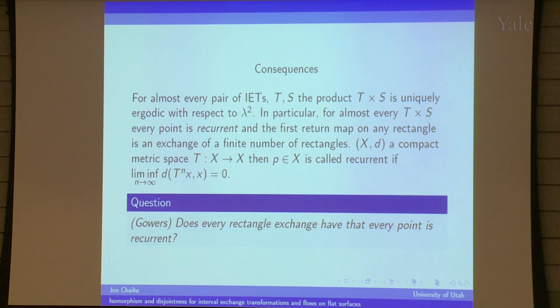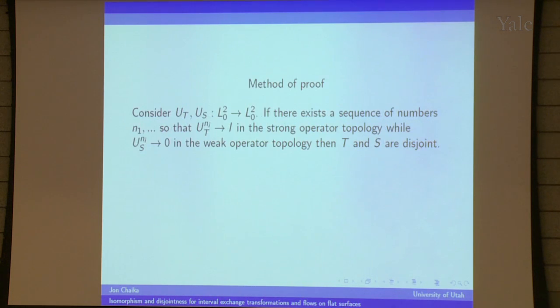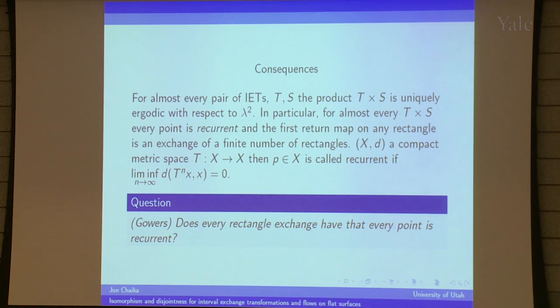I should remark that this is still open even for the product of two interval exchange transformations. And a possible place to look for a counterexample would be a pair of IETs that have some kind of crazy joining between each other that might control some orbits. And some orbits might spend time near one measure and near another measure. Okay. Yeah, so I just wanted to stress that it's still open even for the product of two IETs.